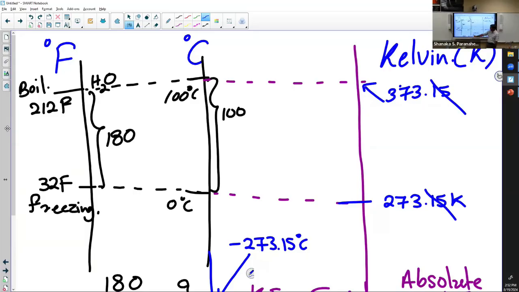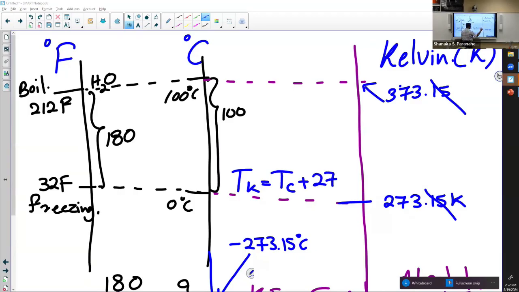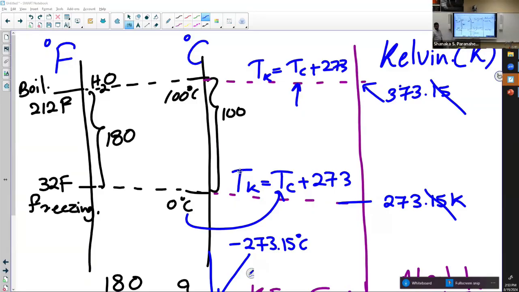If you're going to convert any Celsius value into Kelvin, you simply add 273. So temperature in Kelvin is equal to temperature in Celsius plus 273. As an example, if we substitute 0 into this, 0 plus 273 is 273 Kelvin. If we add 100 plus 273, we get 373.